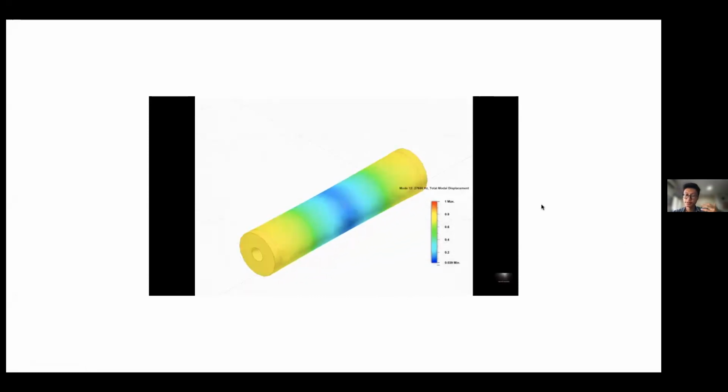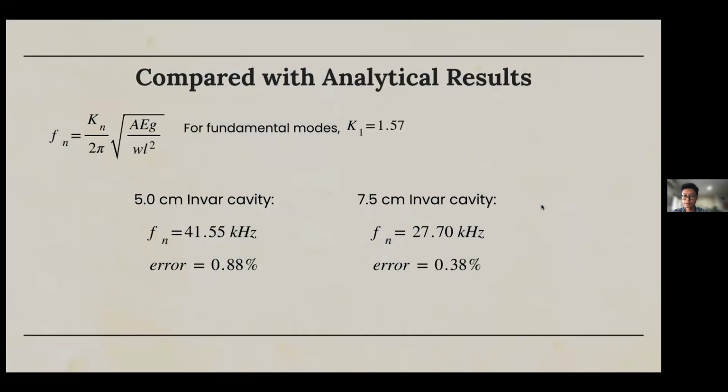When we compare this simulation result with the analytical model, once again, we use the same formula with the same condition, and we would use K1 equal to 1.57 because we are representing the fundamental mode.